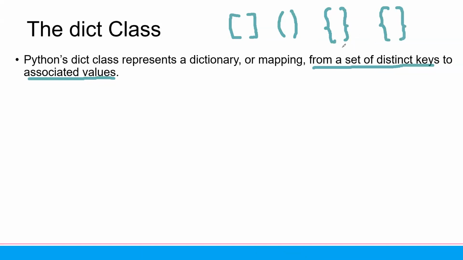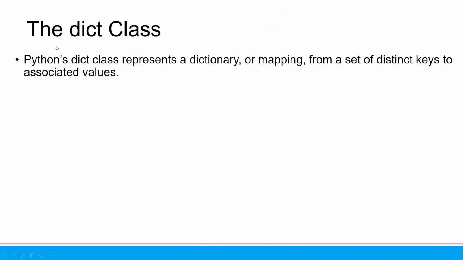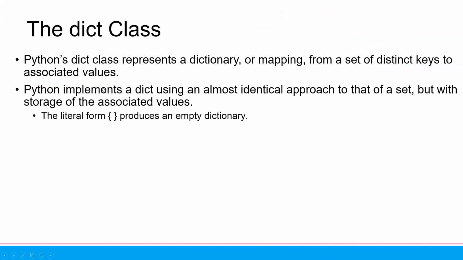There will be a difference between set and dictionary. Python implements a dictionary using an almost identical approach to that of a set, but with storage of the associated values. If you have a set, you will just have an element.